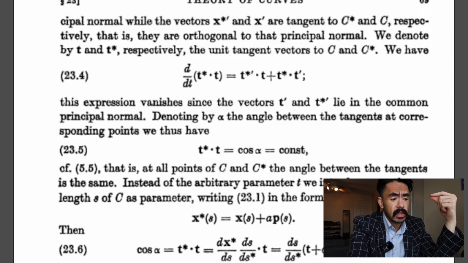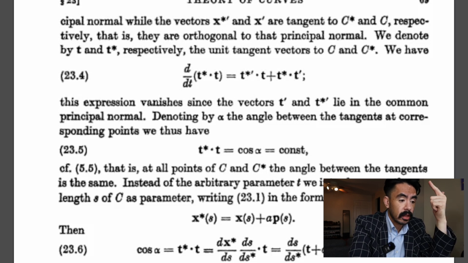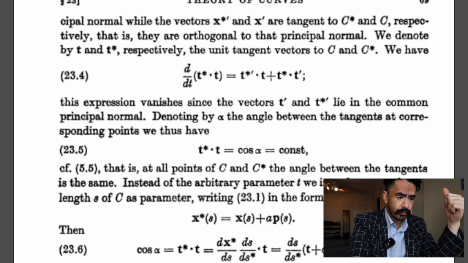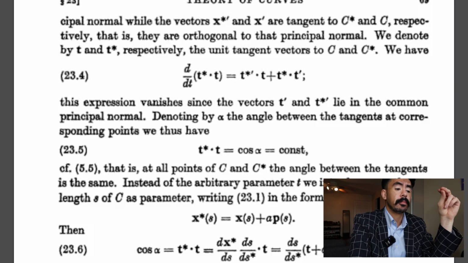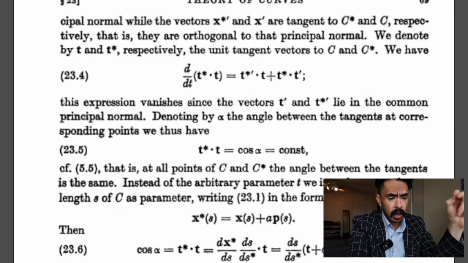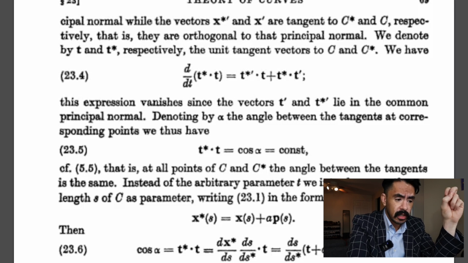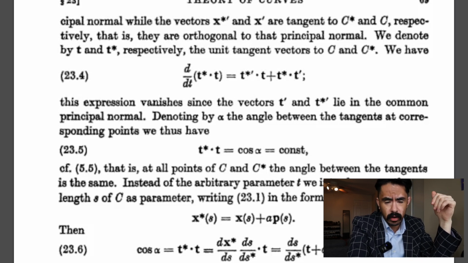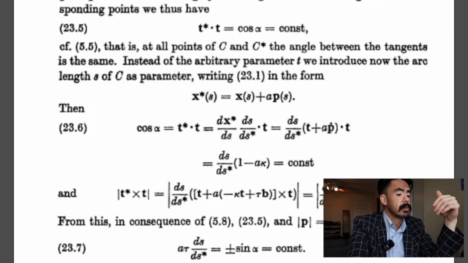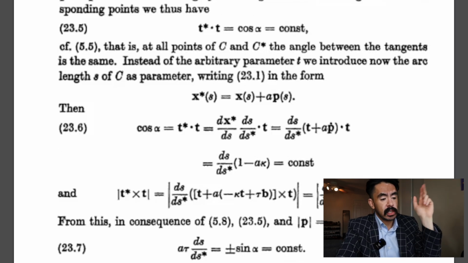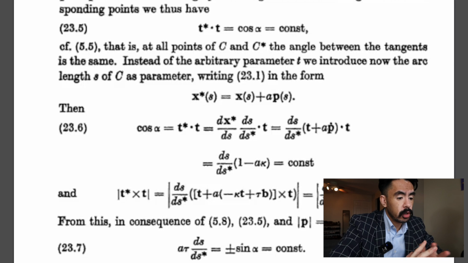This expression vanishes since the vectors t star prime and t prime lie in the common principal normal. Denoting by alpha the angle between the tangents at corresponding points, we thus have that the scalar product of t star and t is equal to cosine alpha, which is equal to a constant. This is just simply due to the definition of the dot product or scalar product. That is, at all points of C and C star, the angle between the tangents is the same.